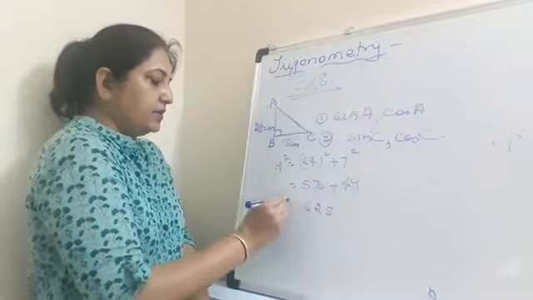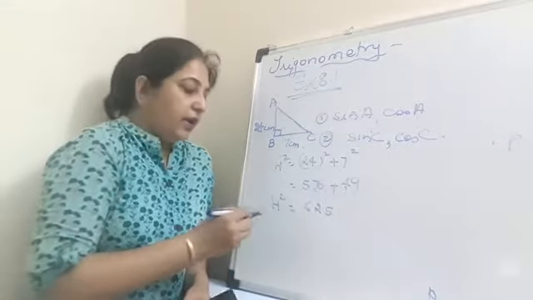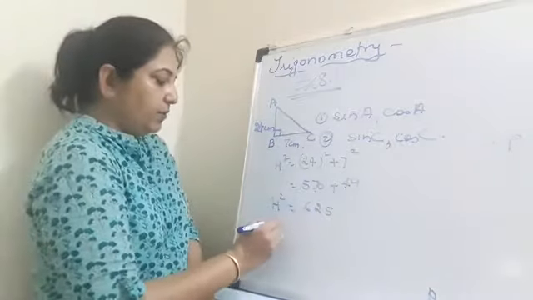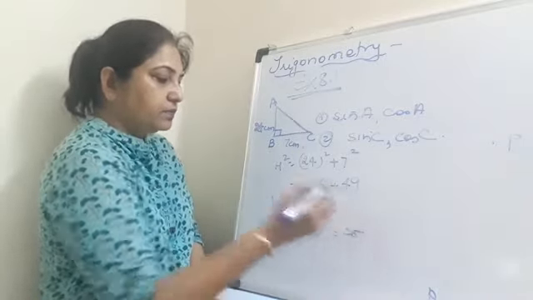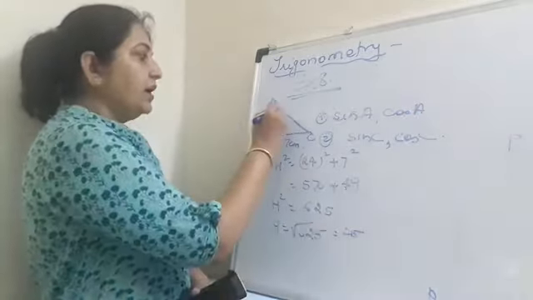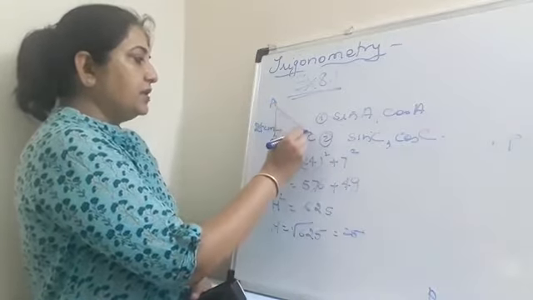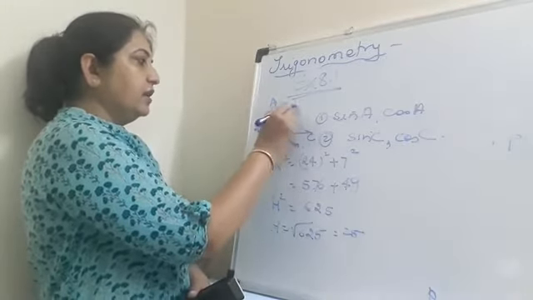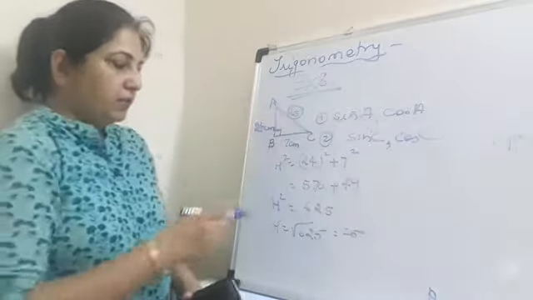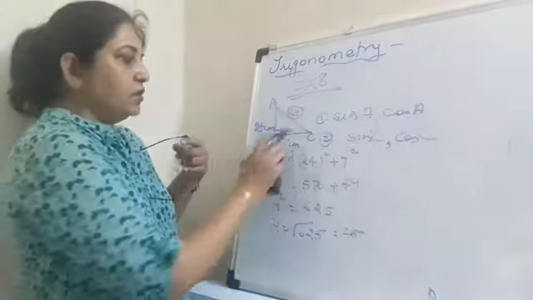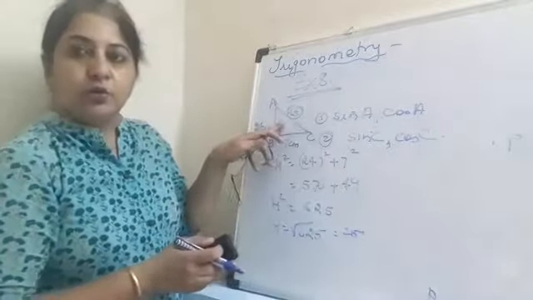So h square is equal to 625. When h square is equal to 625, the hypotenuse will be root of 625 and that will be equal to 25. As the hypotenuse is the longest side, 25 is more than 24 as well as 7. So sometimes you can compare and check this also. Okay, so this completes your hypotenuse solution.